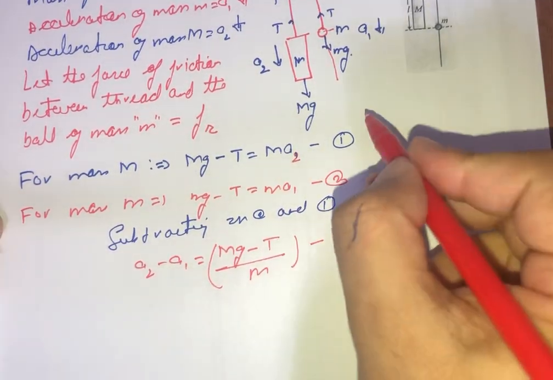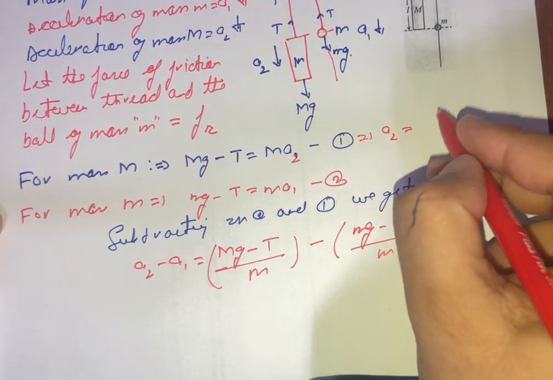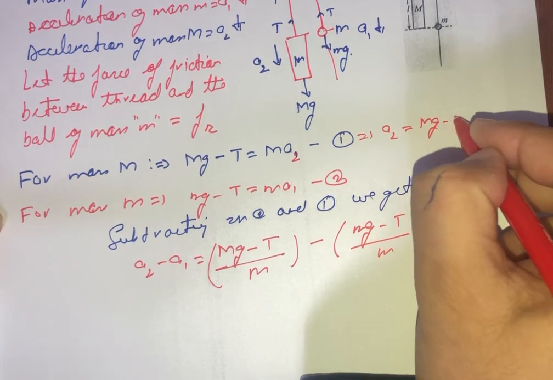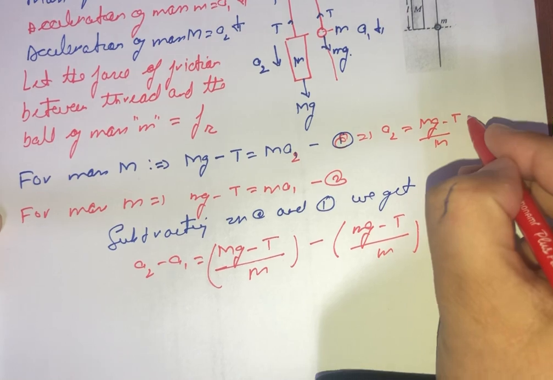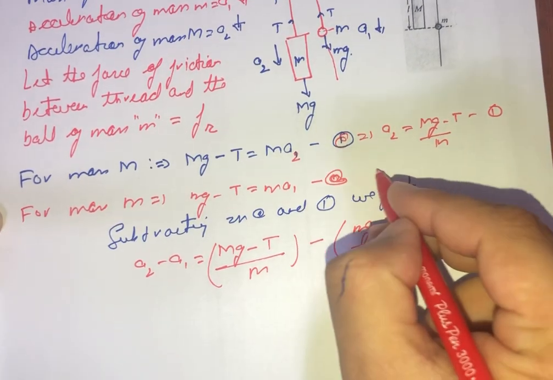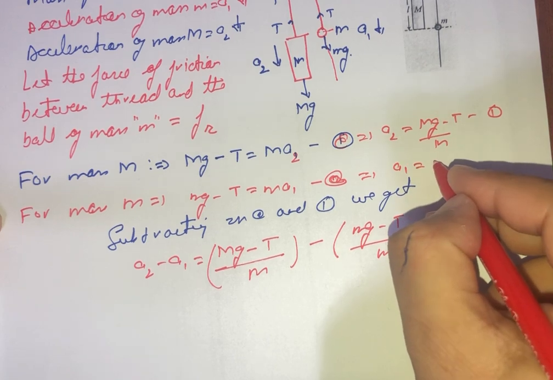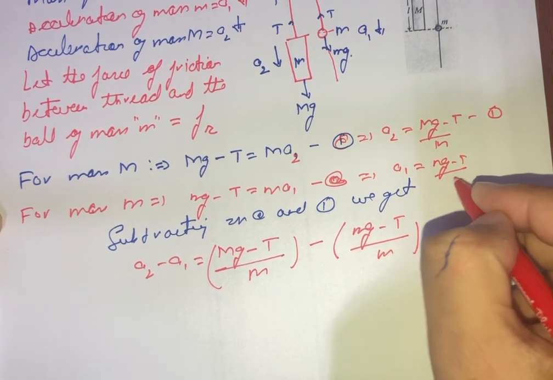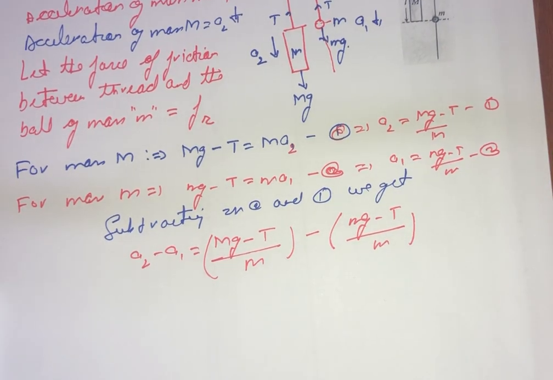Okay, so let us write this as a2 is equal to (Mg minus T) divided by capital M, and call this equation number 1. And from here a1 is equal to (mg minus T) divided by m, and this is equation number 2. Now it's correct.